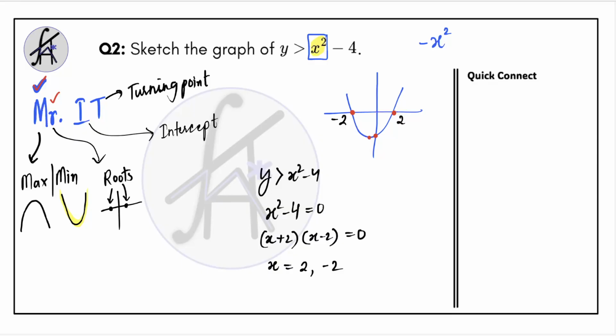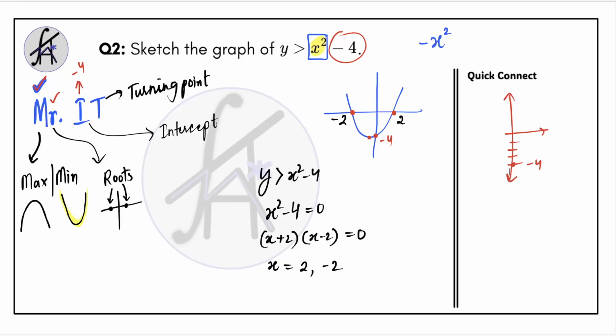The end number is minus 4, so your I is minus 4. That means this point is 0 comma minus 4. So the curve passes through the y-axis at minus 1, minus 2, minus 3, minus 4.